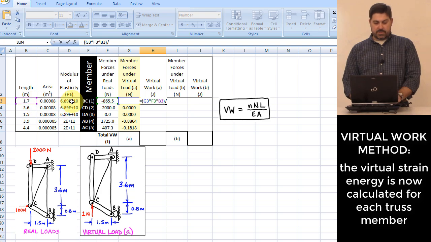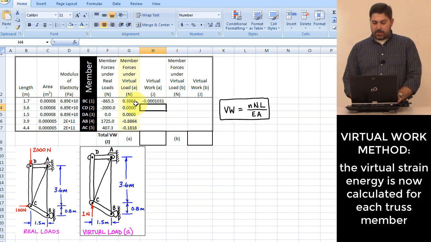Tell you what, put parentheses here, this is E and this is A, right? And what I end up with here, this is the amount of virtual strain energy that is stored in this member BC, as a result of putting my 1 Newton fictitious load on there.